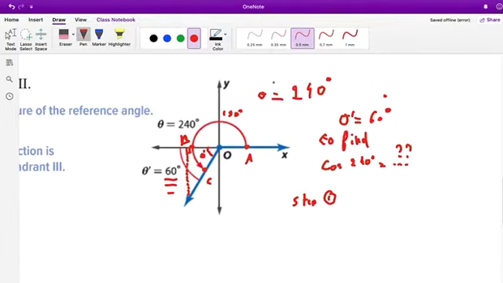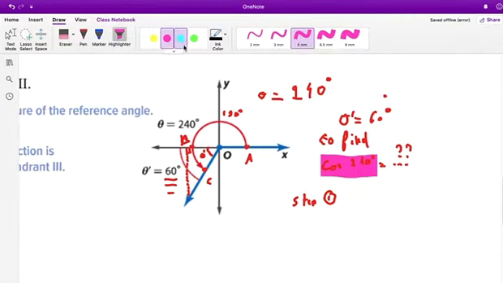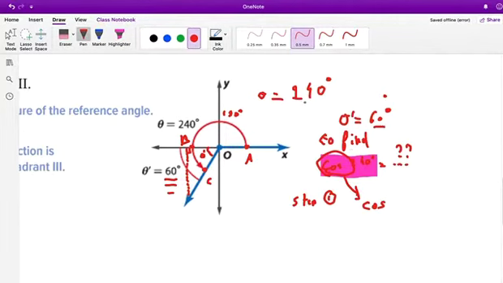Step 1, what are we searching for here? Cosine 240. It's easy. How can I find it? We are talking about cosine, so let's find the cosine of the reference angle, because this number is reduced from the main angle.